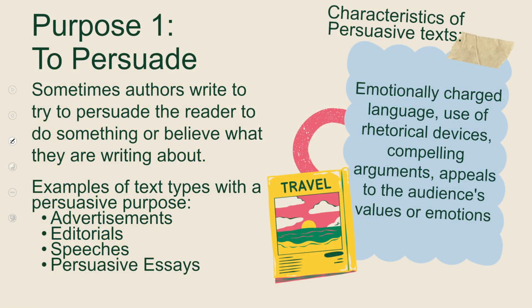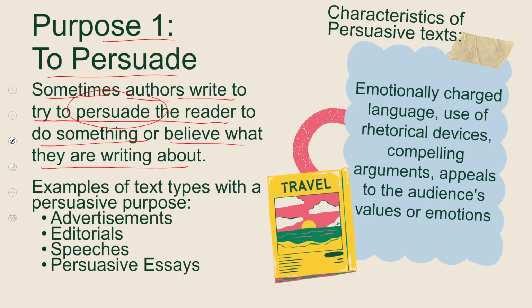Now, let's talk about purpose number 1. It says to persuade. Sometimes authors write to try to persuade the reader or convince the reader to do something or believe what they are writing about.